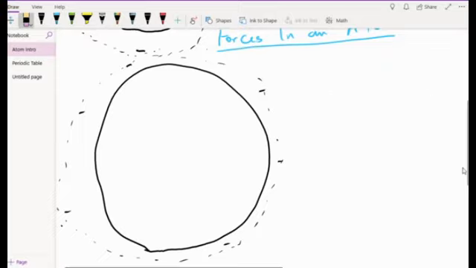Okay, so we want to look at the forces in an atom. The number one force we want to look at is the nuclear force, the nuclear attraction.